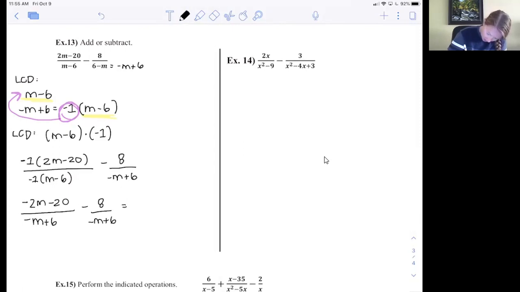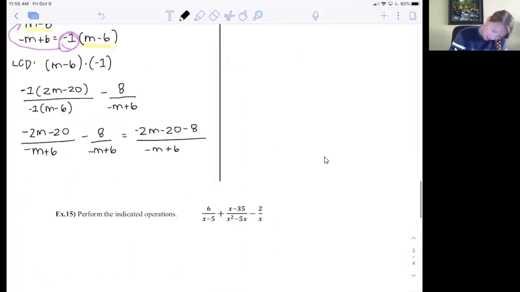So I'm going to have negative 2m minus 20 minus 8, and then the bottom stays the same. So I can combine this negative 20 and negative 8. So it's going to be negative 2m minus 28 over negative m plus 6.